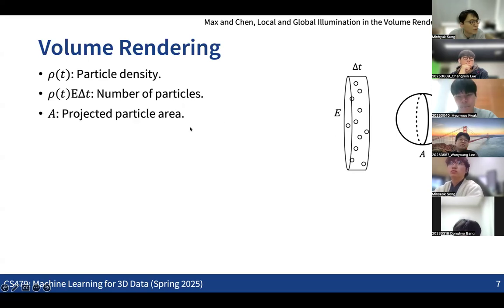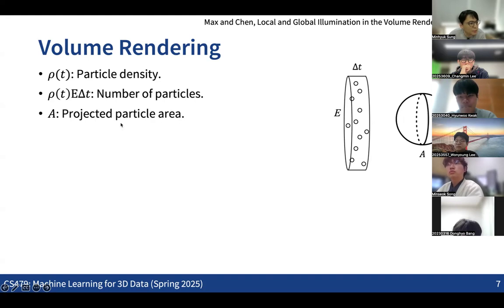Makes sense? Also, let's think about modeling each tiny particle as a sphere. It doesn't need to be a sphere, but let's say it is. When you see the particle from a certain direction, it gives a projected area with respect to that specific direction.